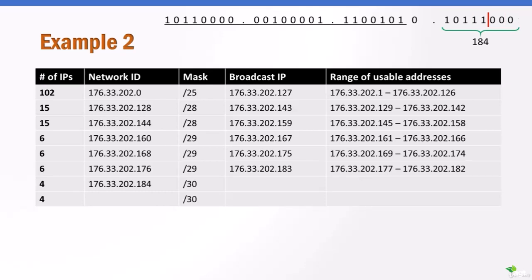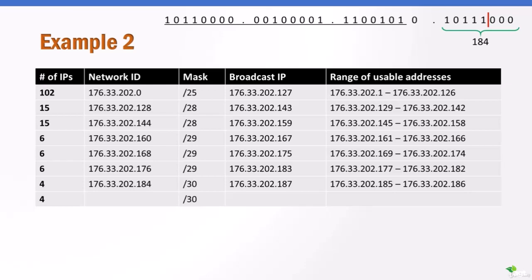The last 2 networks are point-to-point networks. So that's even easier. We can go one by one. So network ID is 184, and then the range of usable addresses is 185 to 186, and then the broadcast IP is the next address, 187.